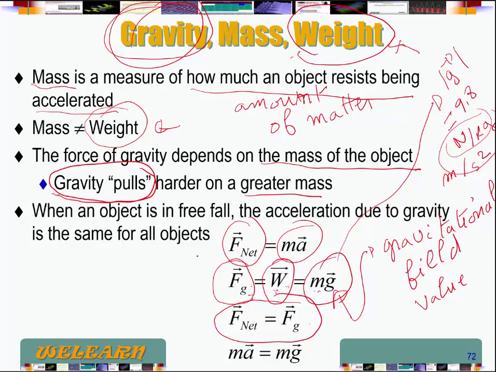Which, if we go back to the first equation here, tells us that ma becomes equal to mg, which tells us that the acceleration of our object is equal to the gravitational field vector. So a is equal to g. That's when an object is in free fall.